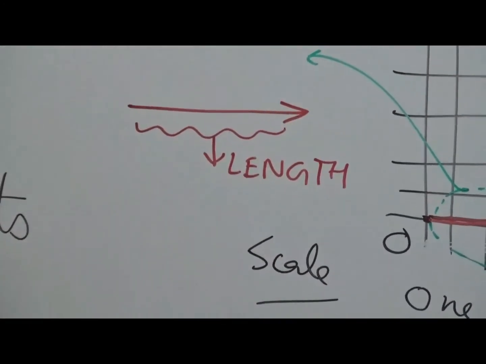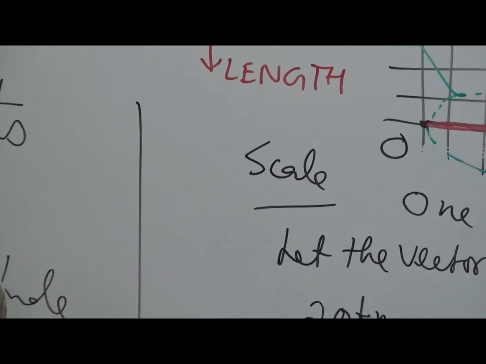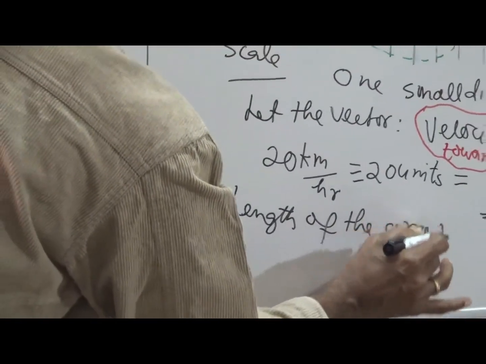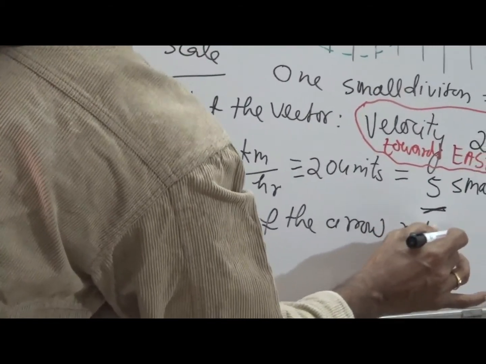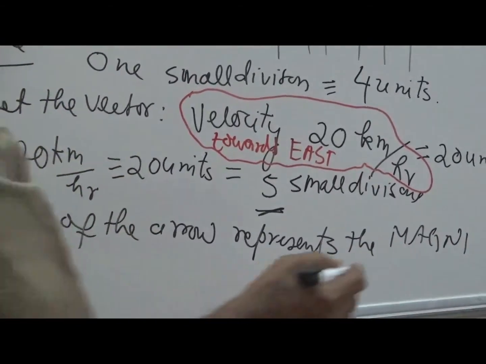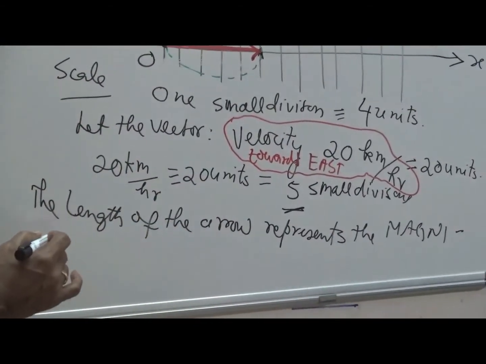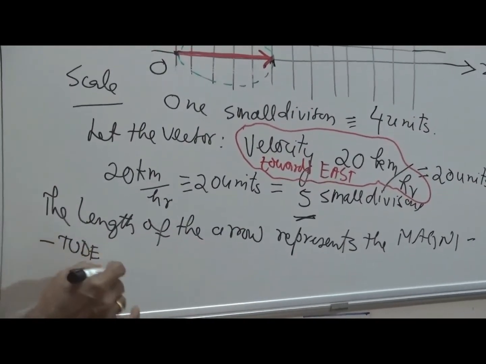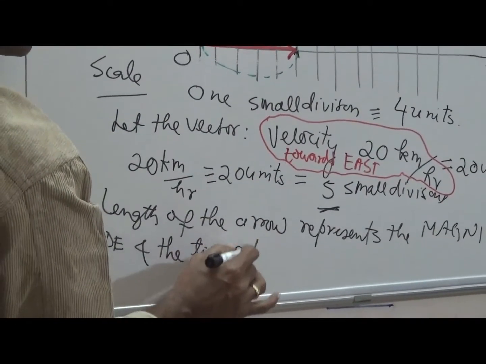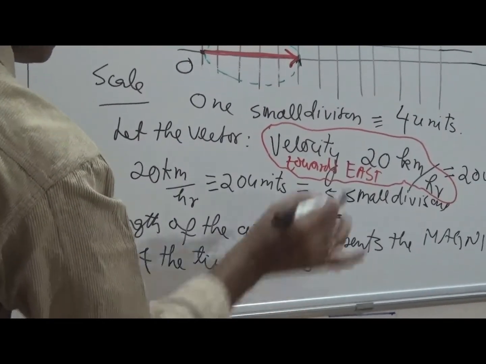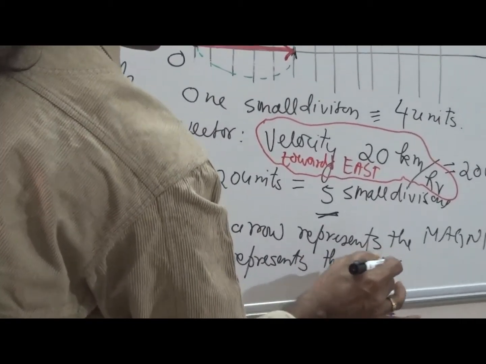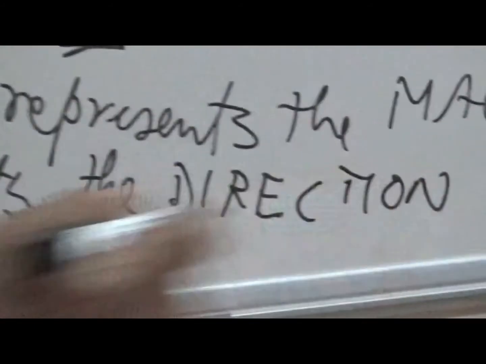The length of the arrow represents the magnitude and the tip represents the direction of the given vector.